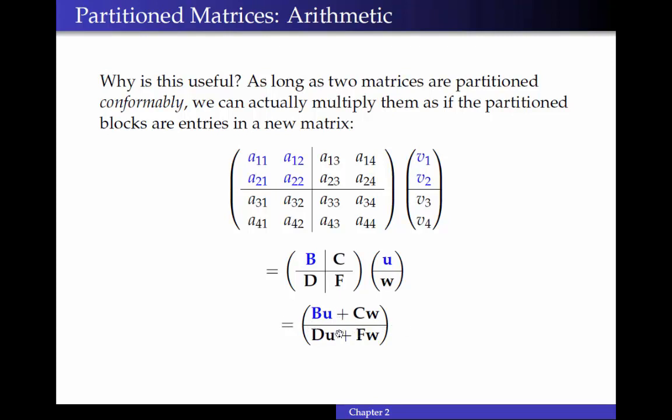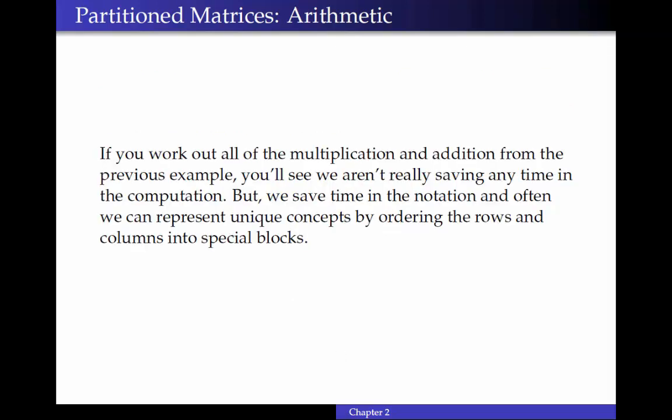So there's two entries up here and two entries down here. If we actually work out all that multiplication and addition, we're not really saving any time in this computation. What we're going to save is time in the notation. And oftentimes we'll be able to represent unique concepts by ordering the rows and columns into special blocks.